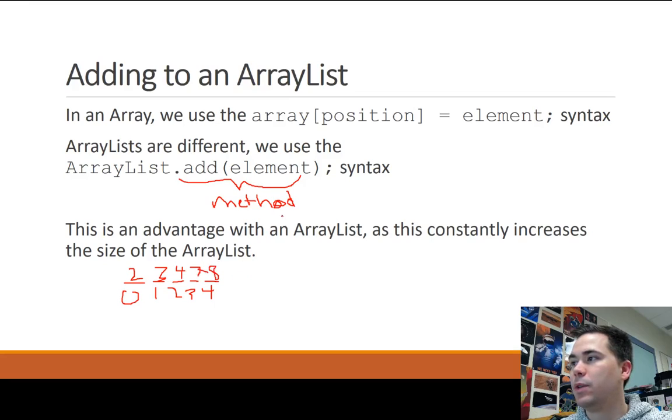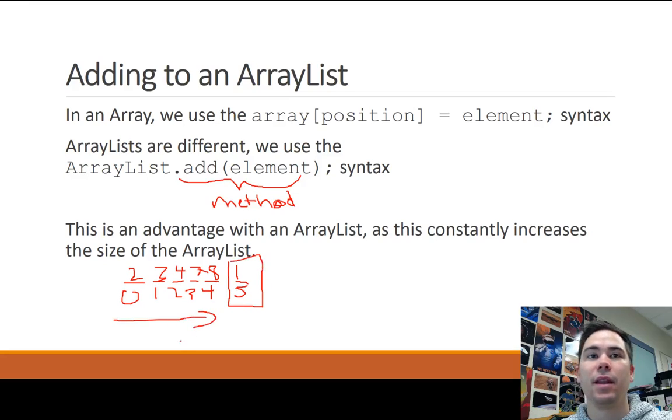If we use the add, this is going to be the 5th element, and then we're going to call this 1. So this is adding right here at the end. It goes all the way to the end of the ArrayList and ends there.